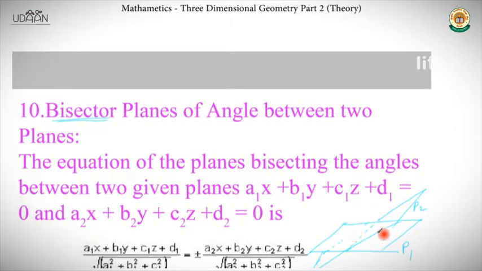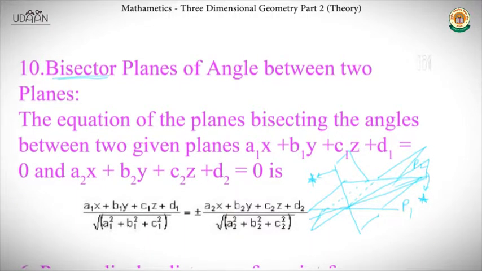The equations of the planes bisecting these two planes would be this one and this one. So we would have two possibilities, that is, bisecting either the obtuse angle between the two planes or bisecting the acute angle.